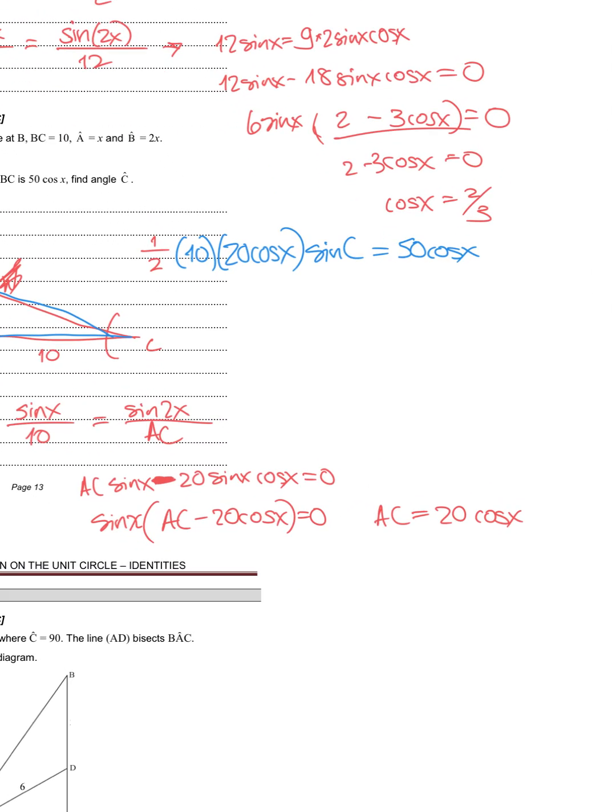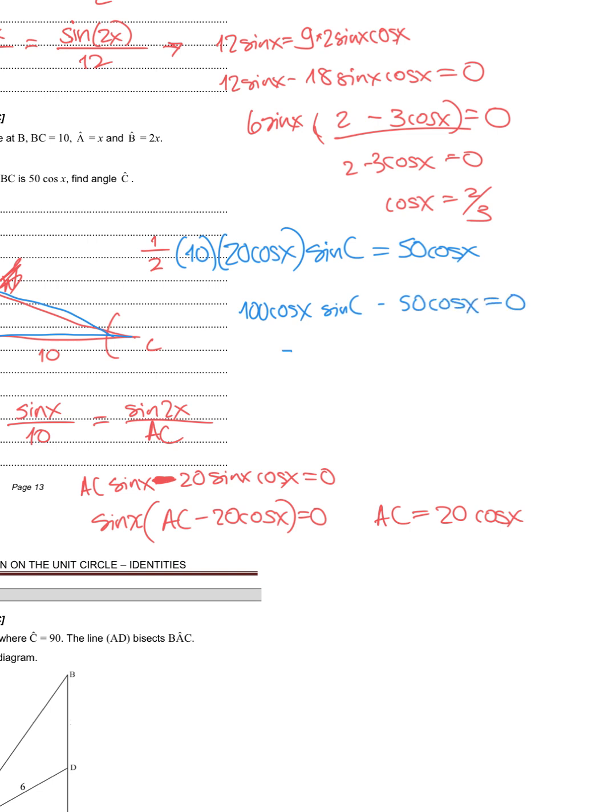Okay, so we have 100 cosine x sine C minus 50 cosine x equals 0. Factor out 50 cosine x, so that's 2 sine C minus 1.